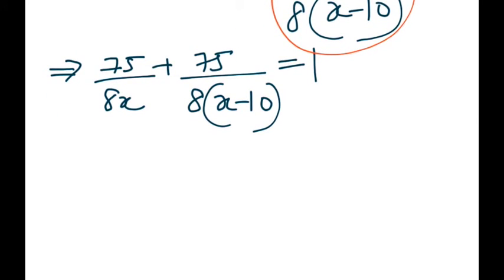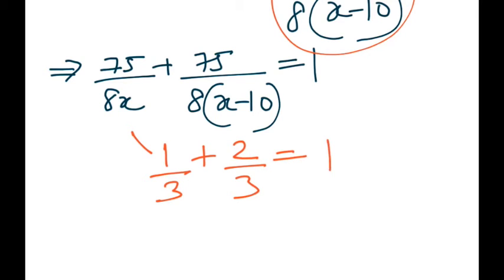Okay, this is something like 1/3 is filled by the smaller and 2/3 is filled by the larger, so this equals 1. That is why we are summing this up and equating it to 1.